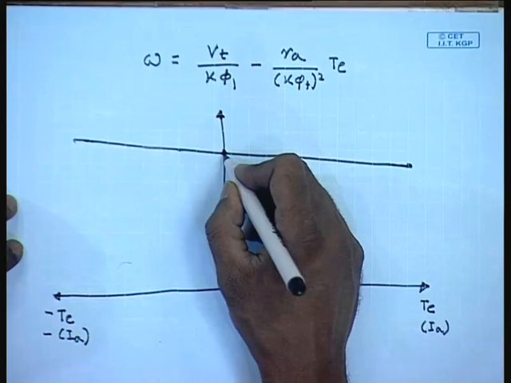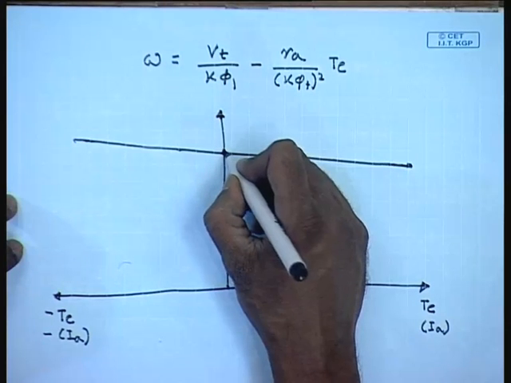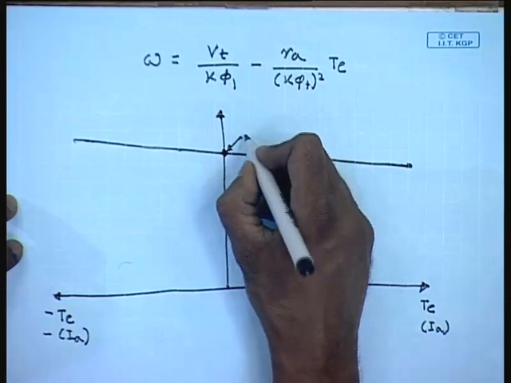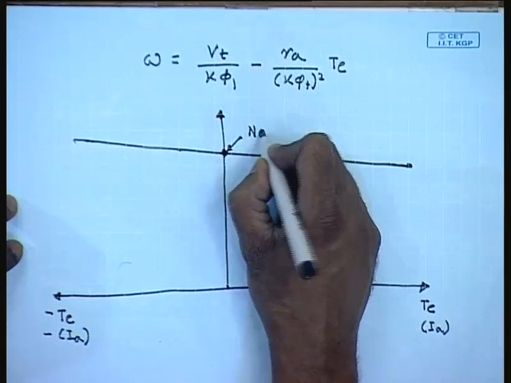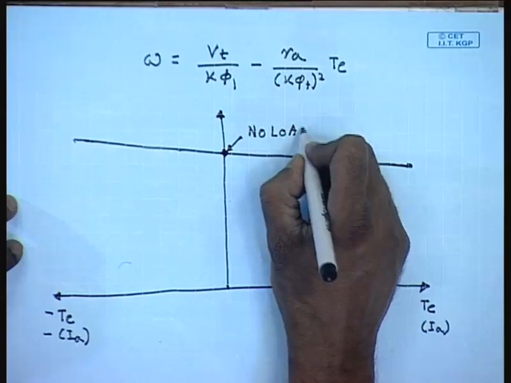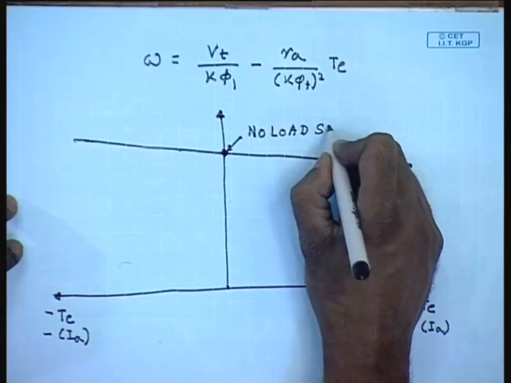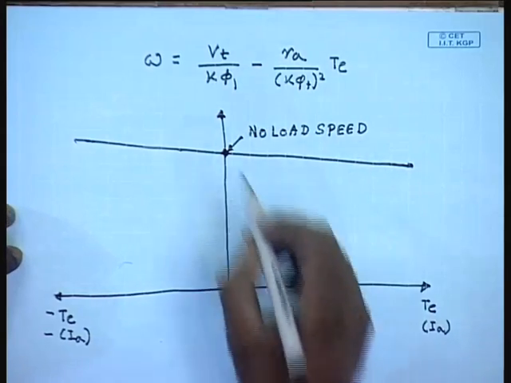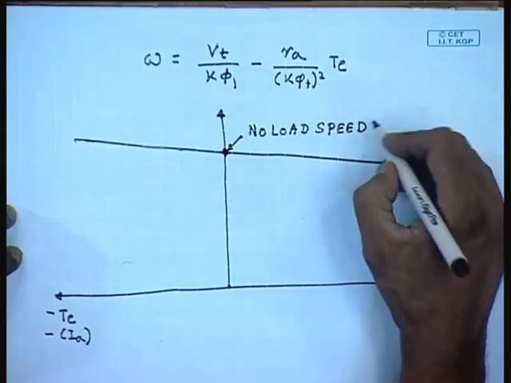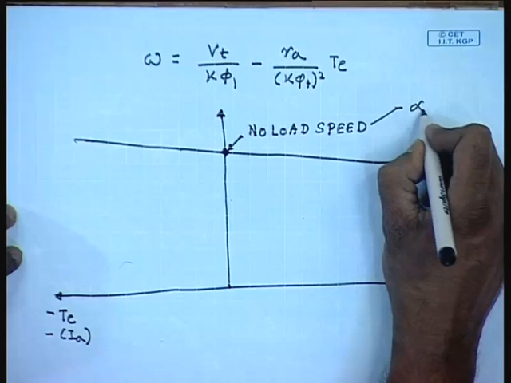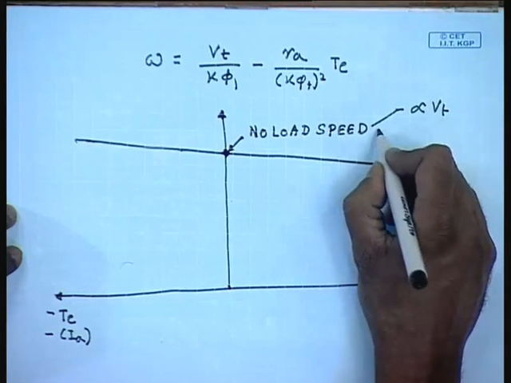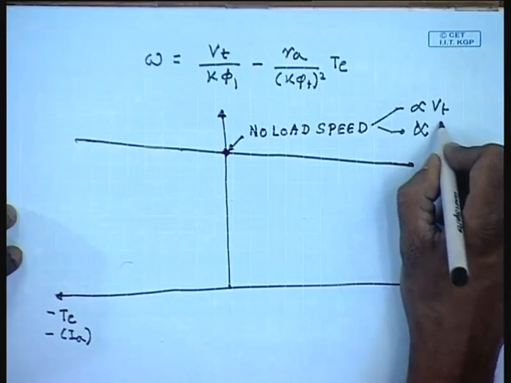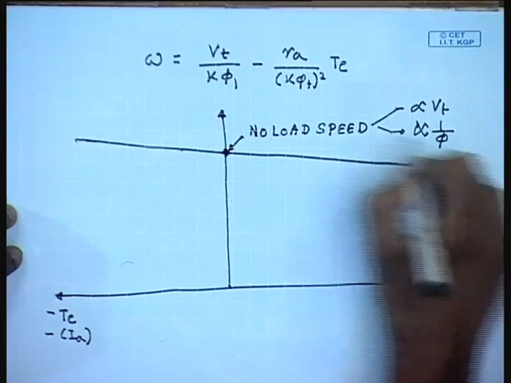This is the speed at which torque is 0, indicating the machine is operating at no load if we neglect mechanical losses. So, this is the no load speed. We see that this no load speed, with Te equal to 0, is proportional to the terminal voltage and inversely proportional to the field flux.